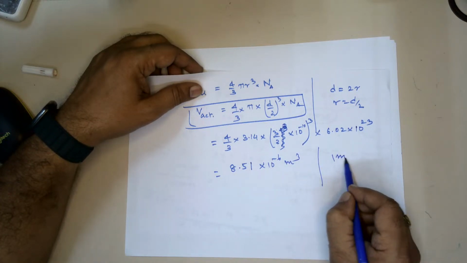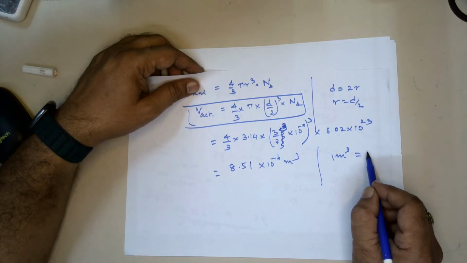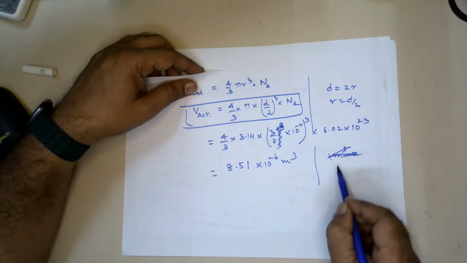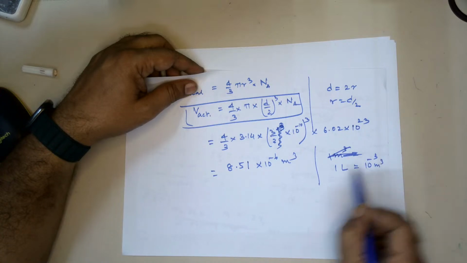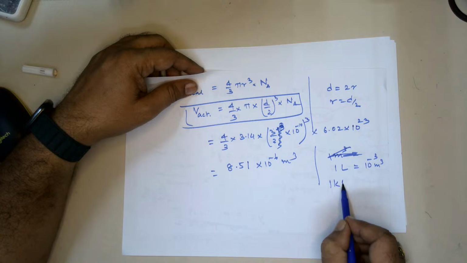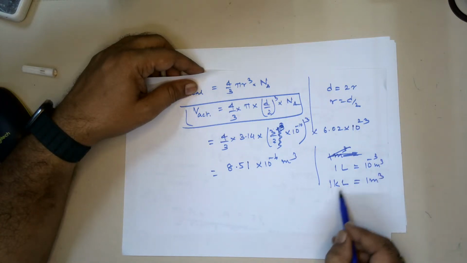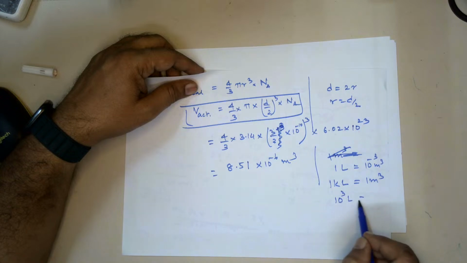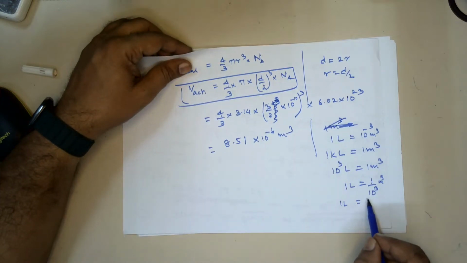See, 1 liter is equal to 10 power minus 3 cubic meter. That is, 1 kiloliter is equal to 1 cubic meter. 1 kiloliter means 10 cube liter is equal to 1 cubic meter. Therefore, 1 liter is equal to 1 by 10 cube cubic meter. That is why 1 liter is equal to 10 power minus 3 cubic meter.